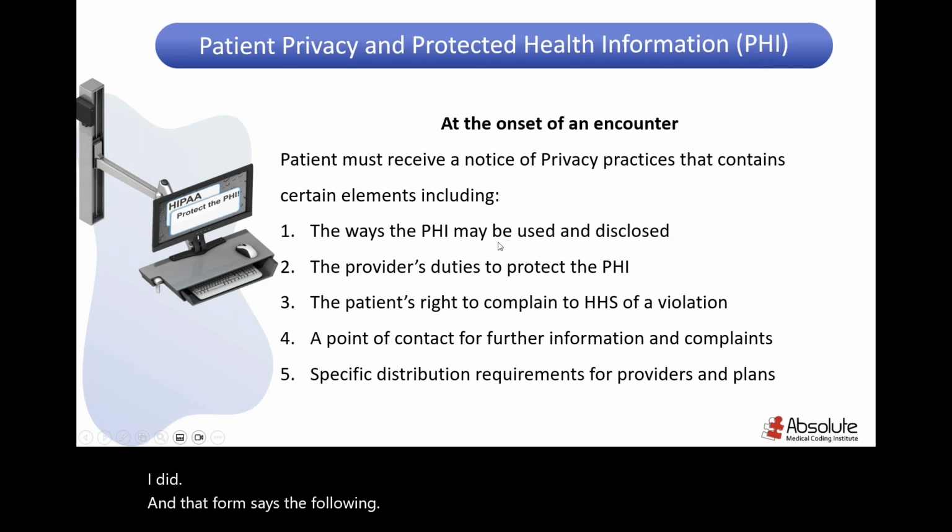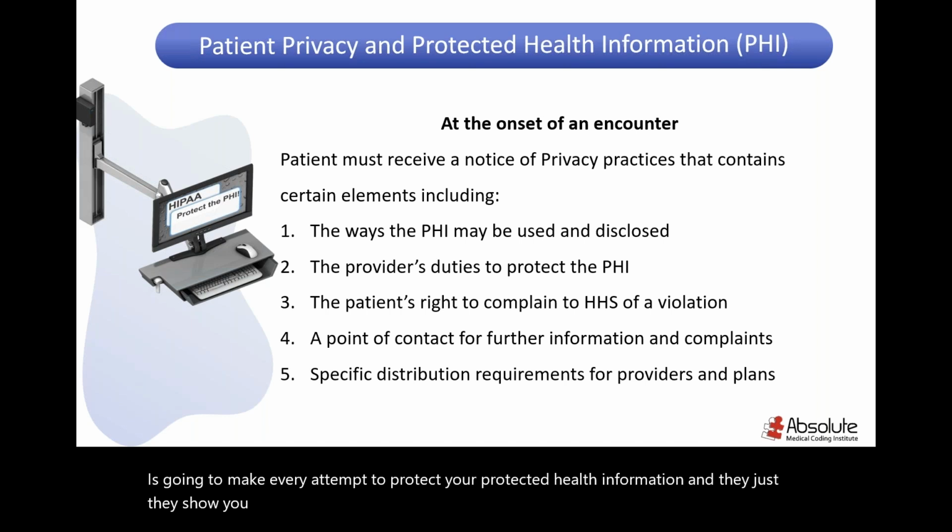Number 1, it says that the practice is going to make every attempt to protect your protected health information. And they show you how the PHI may be used and disclosed in that practice.